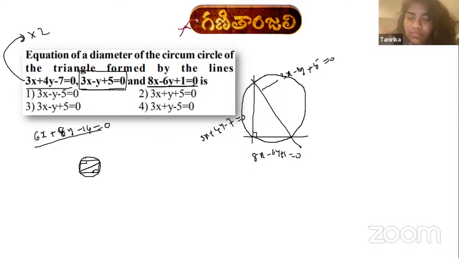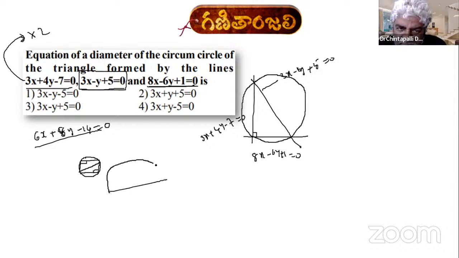If you take any semicircle, for example, another semicircle, and you take any point and connect that point with the ends of the diameter, that angle is 90 degrees only. So here, we know that this angle is 90 degrees. How can we say that? Because clearly these two lines are perpendicular lines by observation.